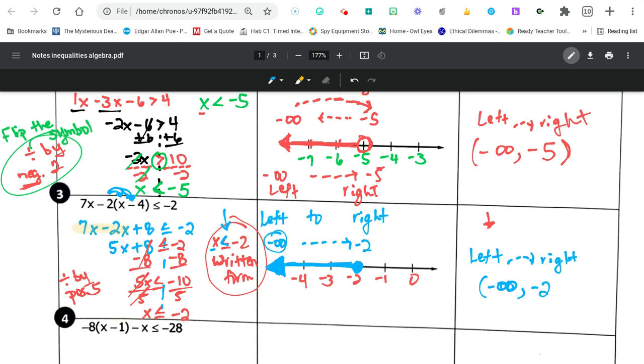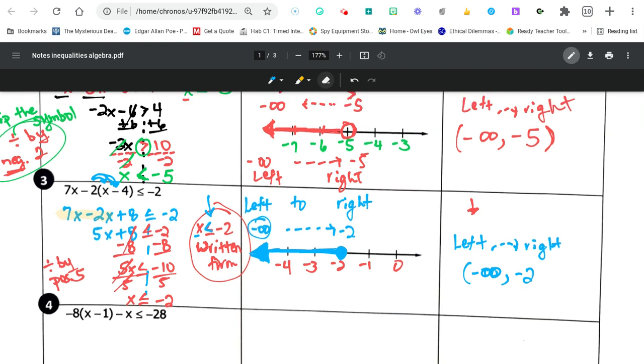Now be careful, because -2 has a closed circle. Well, you can't write a bracket like that, because that's indicating that it's opening up, starting at -2. And it doesn't. If you're writing it from left to right, you need to close it out this way to indicate that it stops at -2.